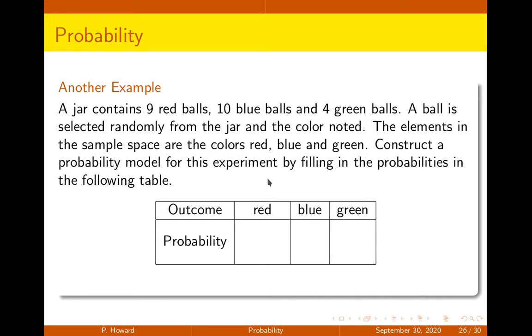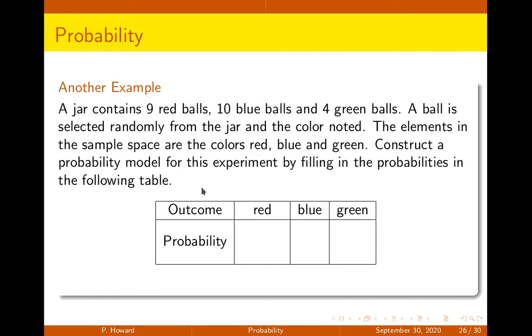So here's the beginning of the probability model in table form. In the top row I have the outcomes, red, blue, and green listed, and now I would like to fill in the probabilities. Well, there are a total of 9 plus 10 plus 4, 23 balls, and 9 of those are red.